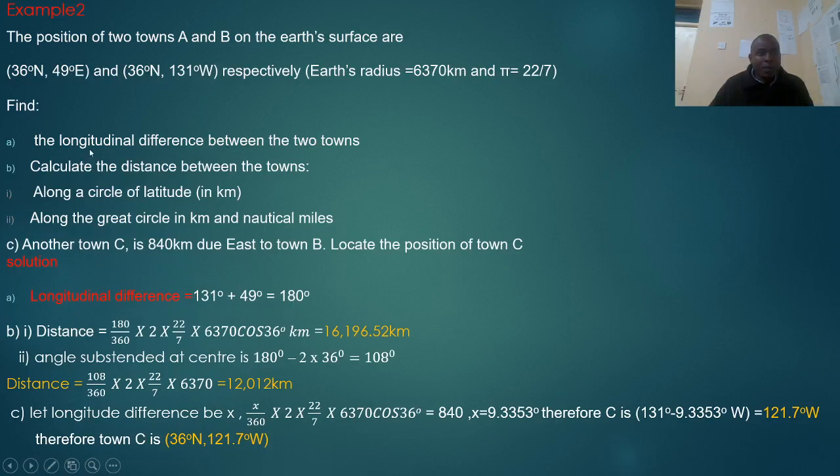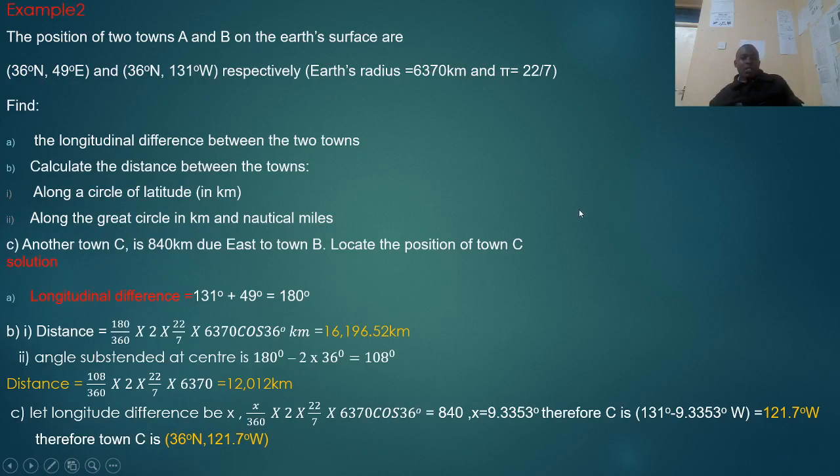Part B, we calculate the distance between the towns, along a circle of latitude. For latitude, it will be correct because it's along the latitude. And along the great circle, in kilometers and nautical miles. The great circle in this case will also be towards the north, and then we shall have 36 and 36 degrees, like I did from the other side.